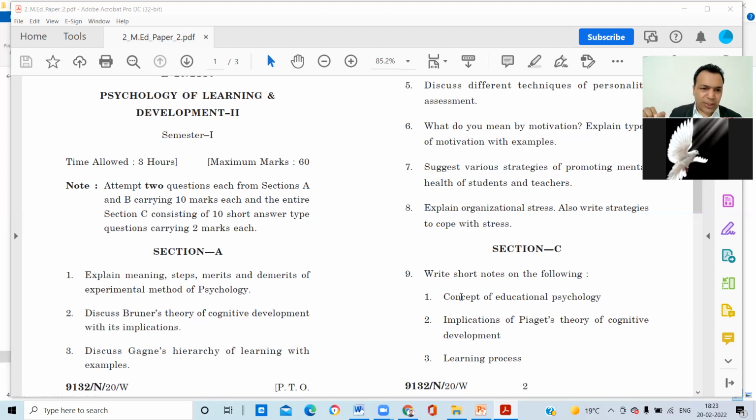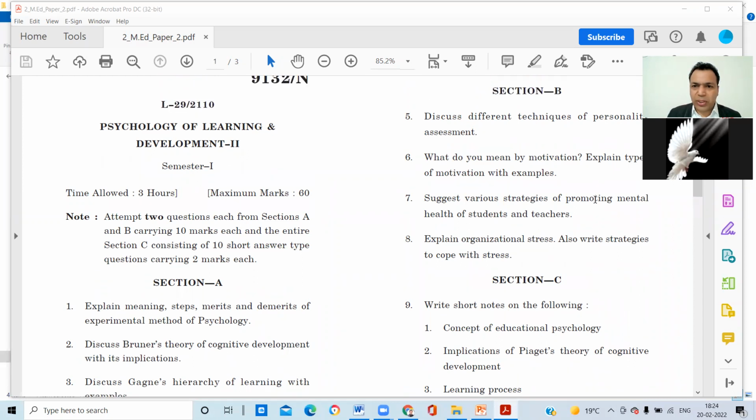For example, in section A, the number one question is: explain meaning, steps, merits, demerits of experimental method of psychology. Second question is: discuss Bruner's theory of cognitive development with its implications. Third question is: discuss Gagne's hierarchy of learning with example.